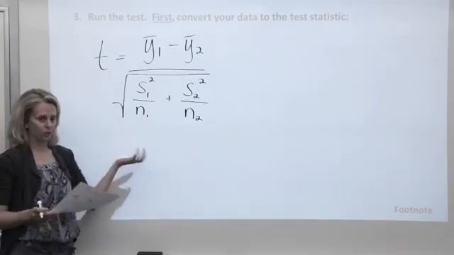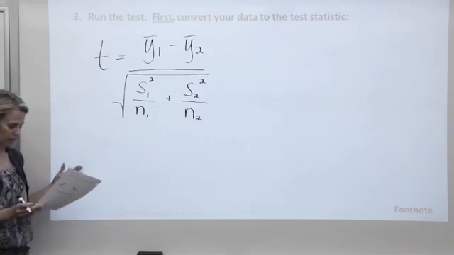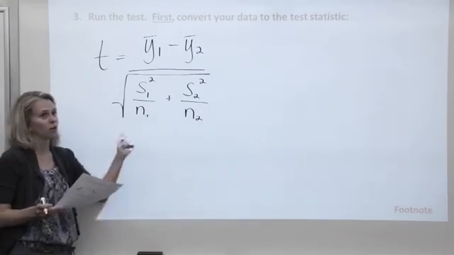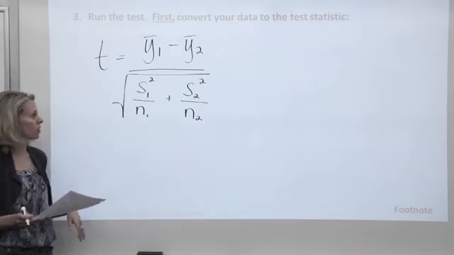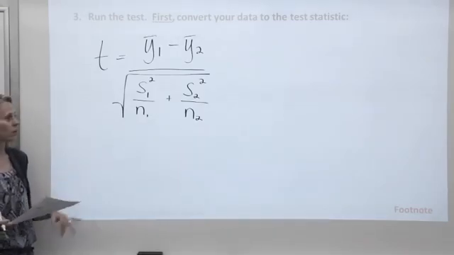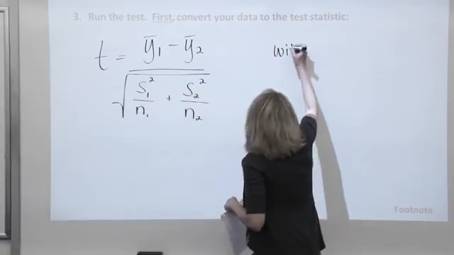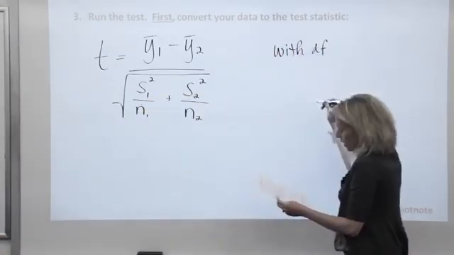The formula for the degrees of freedom for this test statistic is a little bit complicated. So for the course workbook, we're going to give you the degrees of freedom. In class, we might show you a shortcut that sometimes works.